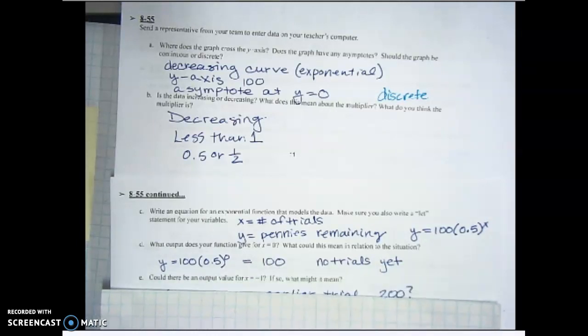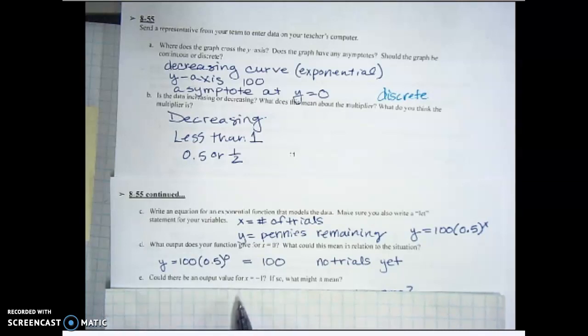Okay? Question E, could there be an output value for x equals -1? And if so, what would it mean? Could there have been, before trial 0, starting with 100, could there have been something before it? Well, no, because that's kind of weird.